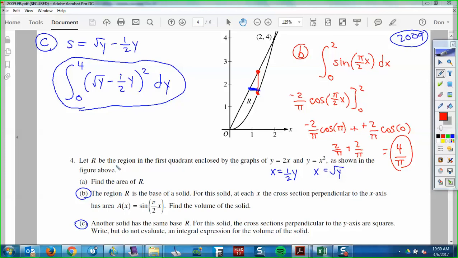Did you get 4? Is that right? Anybody else get part B? Okay. Anybody else? Who's the first person who got it? 2 or 2.